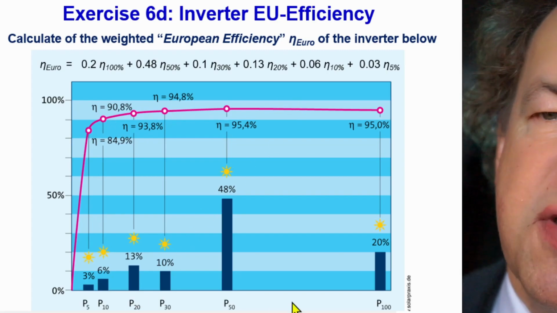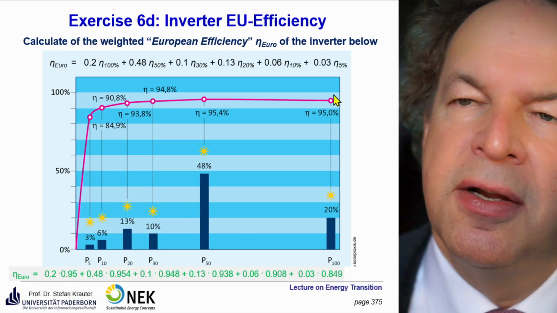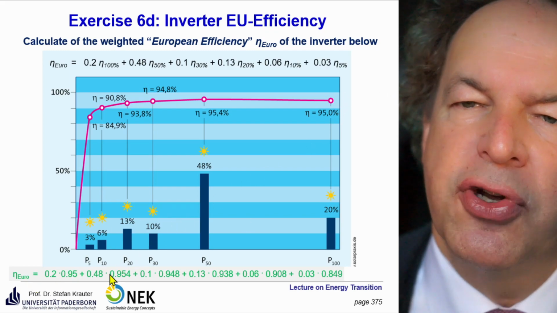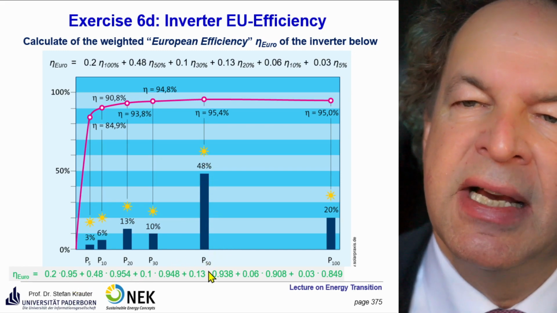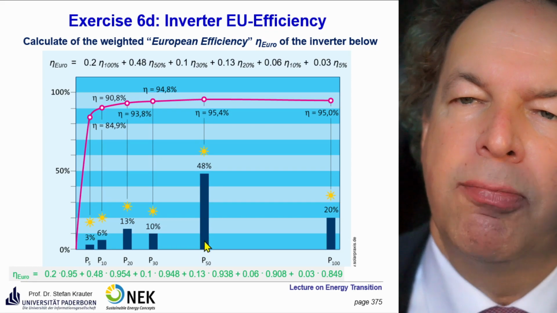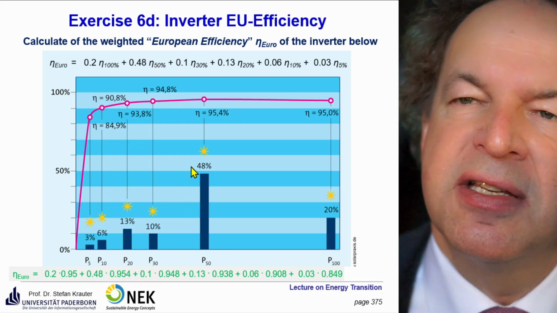So we start with the full load conditions here with a weight of 0.2, 95% of conversion efficiency, or 0.95. Then we go to the next at half of the power output only, which is considerably more, with a weight of almost 50%, so 0.48. And the efficiency is almost the same.